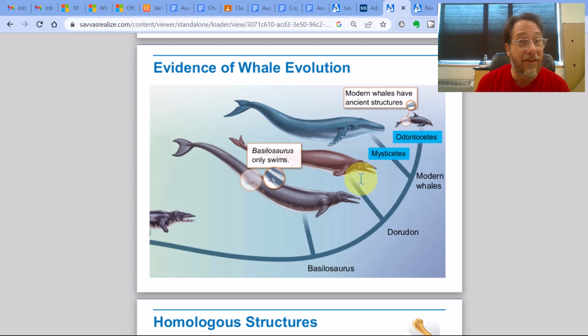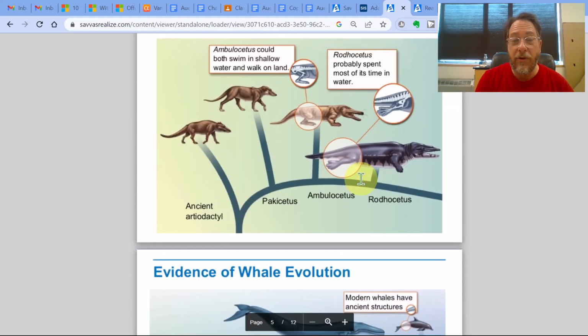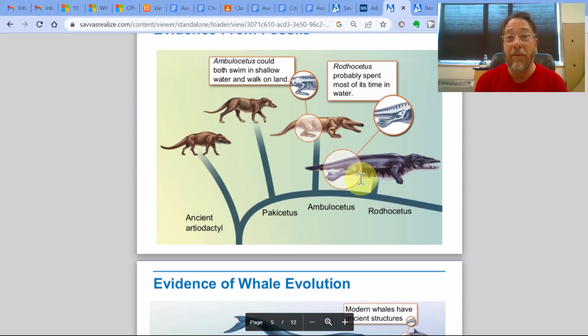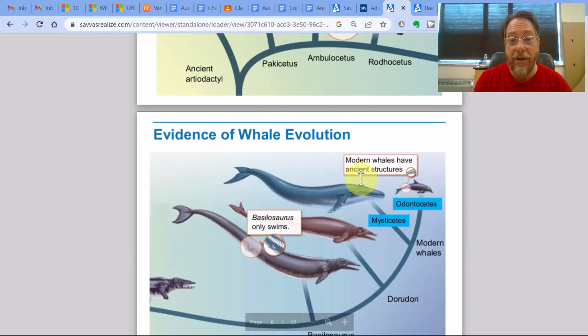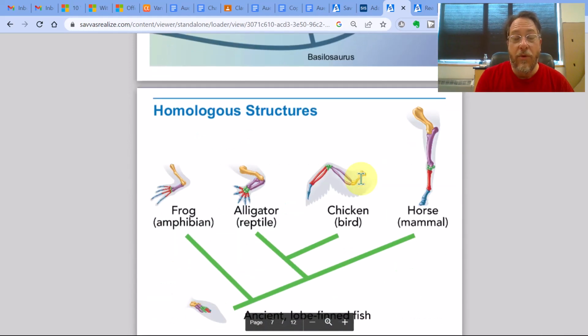It's a vestige now that still is programmed into the DNA, but you'll notice it's not even attached to the spine, the backbone anymore, and so it's just vestigial. It doesn't do any work. But it does show that there's common ancestry with earlier land-walking mammals, which was a huge discovery for us. And again, talking about evidence of evolution, evidence of common ancestry is evidence of evolution.